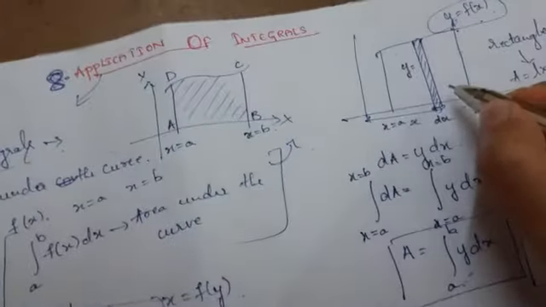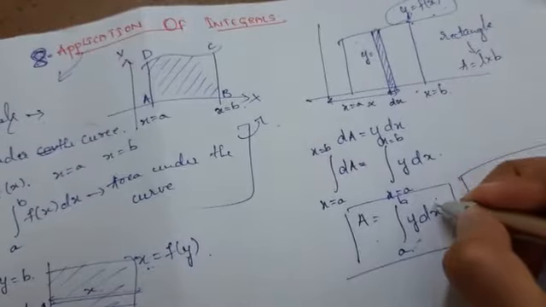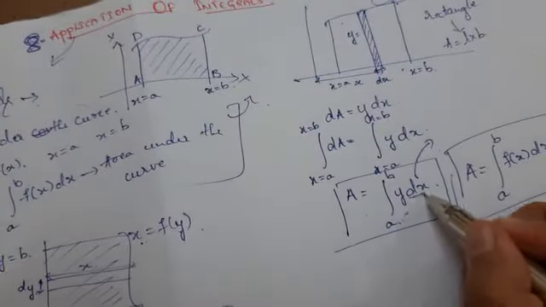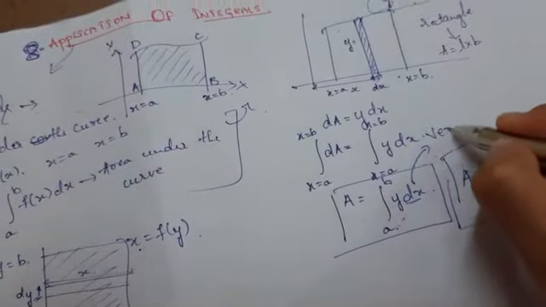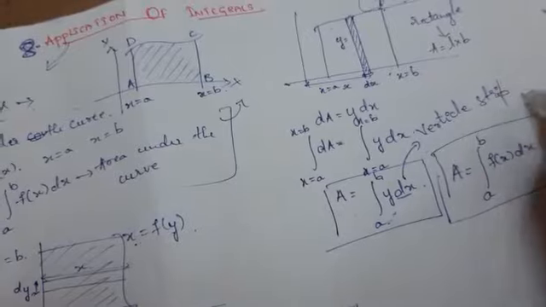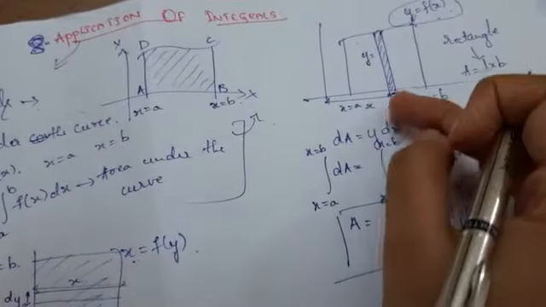So when we have the vertical strip, we are integrating with respect to the width of that strip, that is dx. The width of that strip is dx.